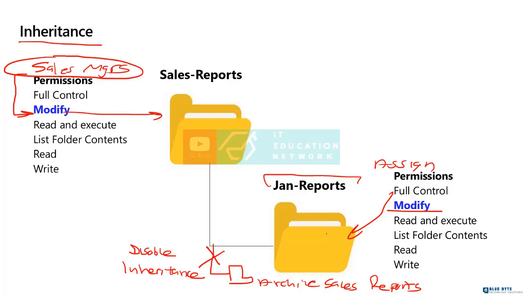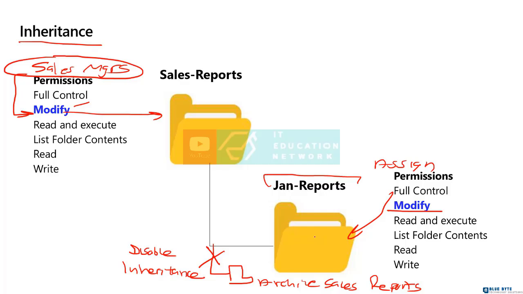It would simply be in addition to the permissions that have been inherited. So it's not as if you lose the ability to assign permissions to the January reports folder. What you can never do though, since sales managers modify, we said, was assigned at the sales reports, is go to your subfolder and remove that permission, because it's not directly assigned. It's only applying through inheritance.